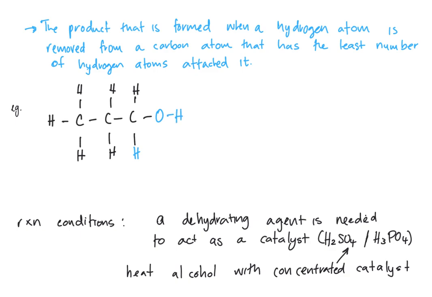So I start off with propanol, and then my propanol becomes propene, and that gets 3 hydrogens. This gets 1 hydrogen.